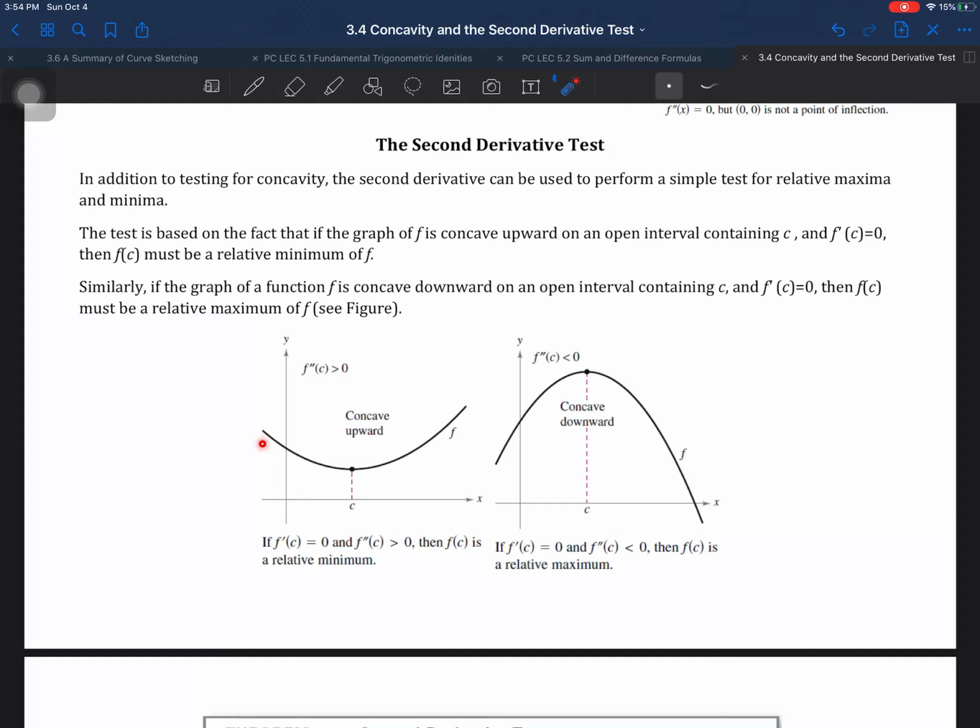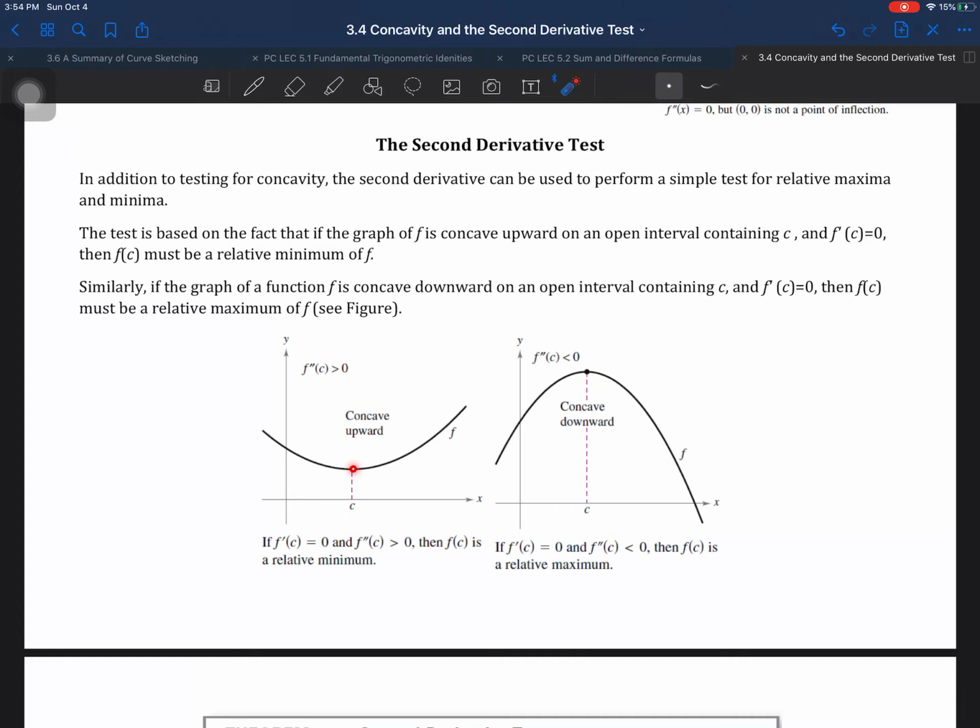We know that if this is the function, this is your f, this is a relative min. Now, if you notice, what's so important about a relative min here? How do we relate this relative min to the second derivative? Well, we know that the second derivative talks about concavity. So what if you already know that this gives you a critical number? So you already know that this is either a relative max or a relative min.